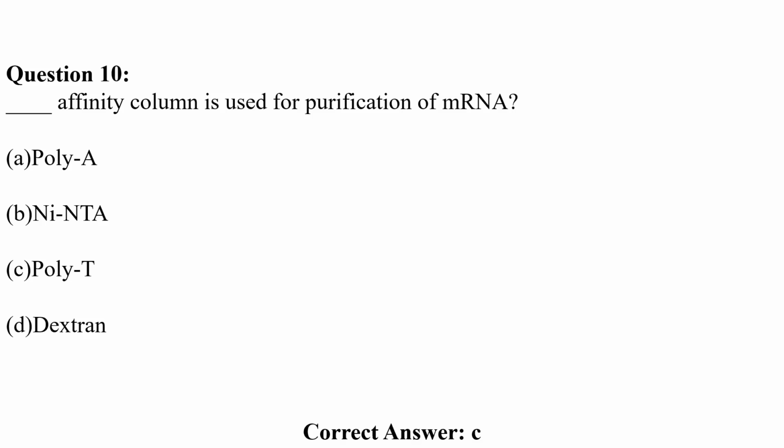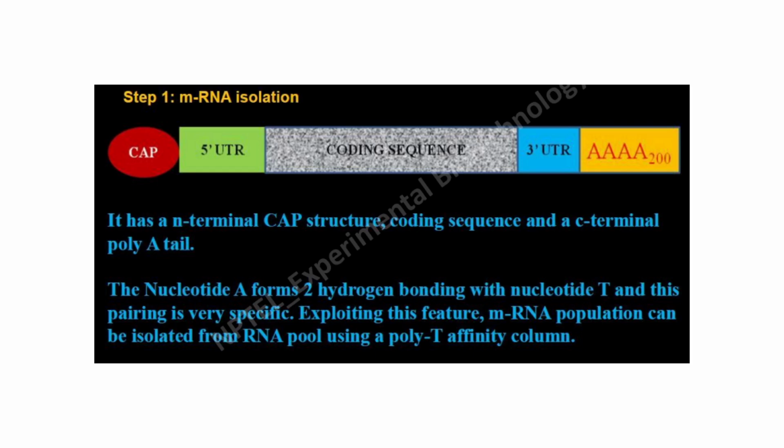If you know the basic structure of mRNA, it has a 5' cap, and then the 5' UTR region, then the coding sequence, then the 3' UTR region, and then at the 3' end it has a poly A tail. This poly A tail is basically a long chain of multiple A residues added after the 3' end.